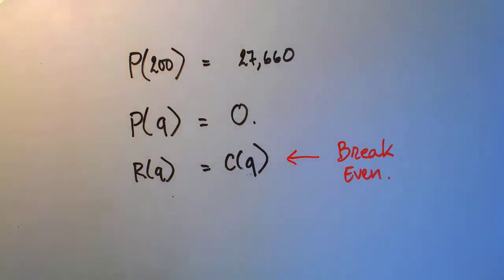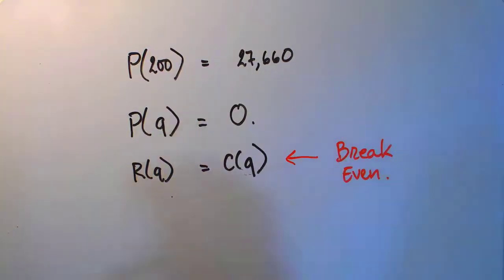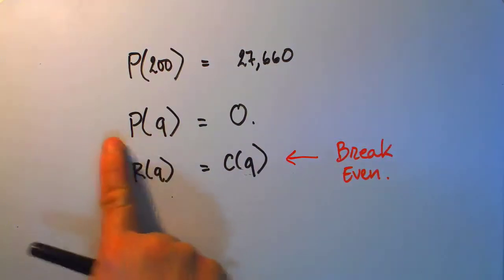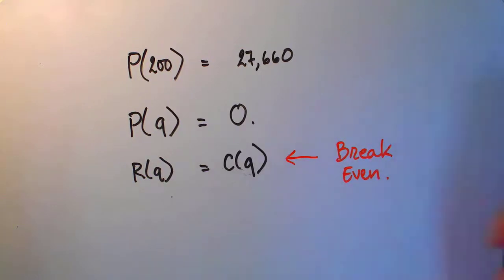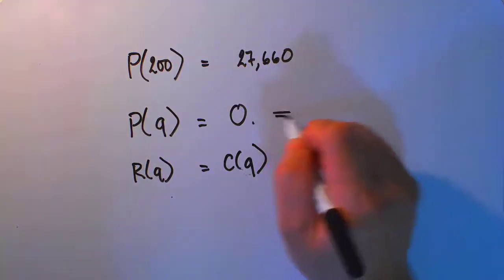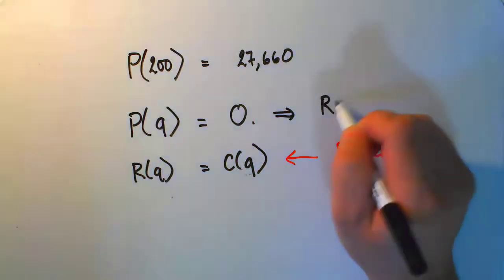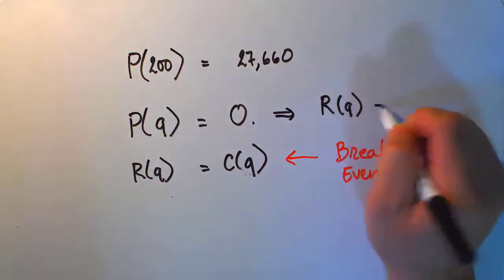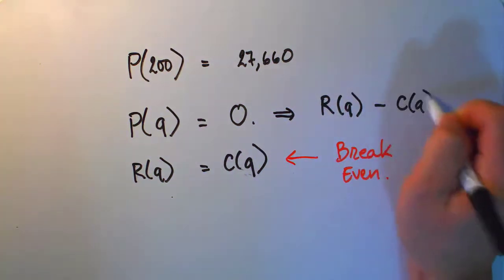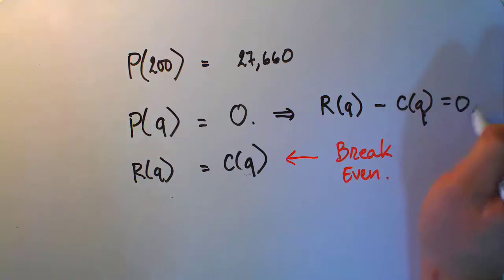And so right out from that, saying profit equals zero, or a break even point, it also means the same as the difference between revenue and cost is a zero difference. Okay, so these are the same.